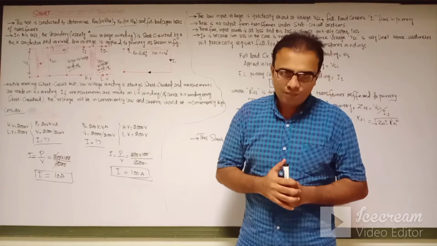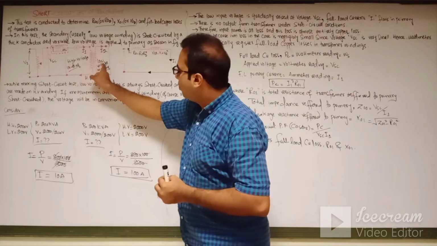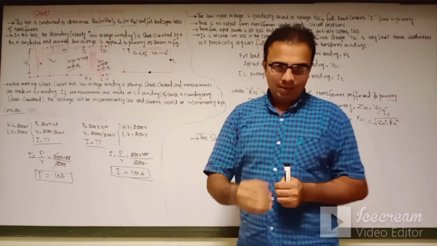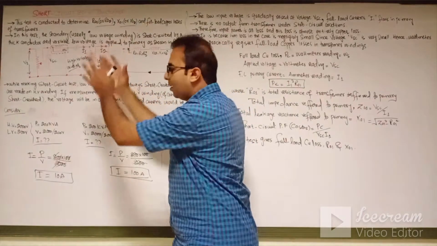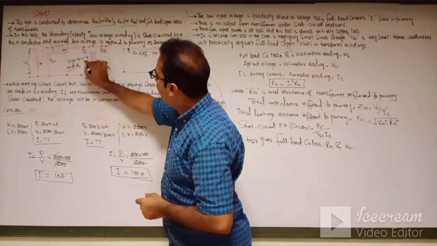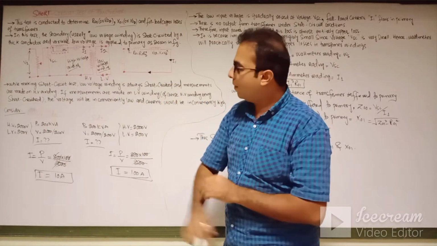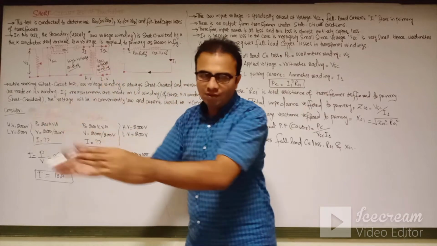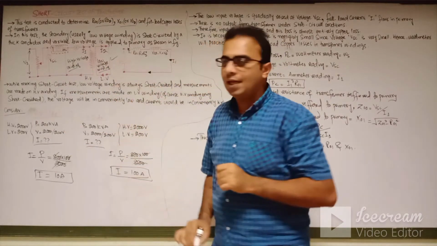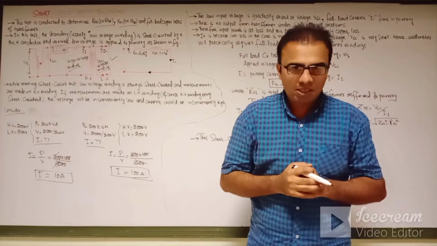This is the circuit diagram of the short circuit test of the transformer. The high voltage winding of the main transformer is connected with the variable V1 supply, and the low voltage winding is short circuited by a thick conductor.